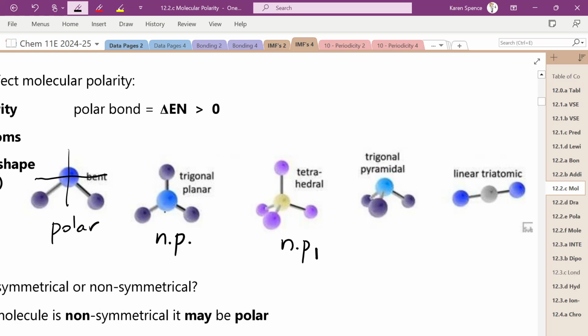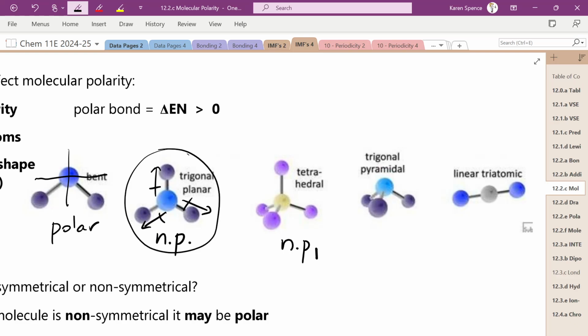But this one has the same forces pulling and canceling each other out. Mostly.